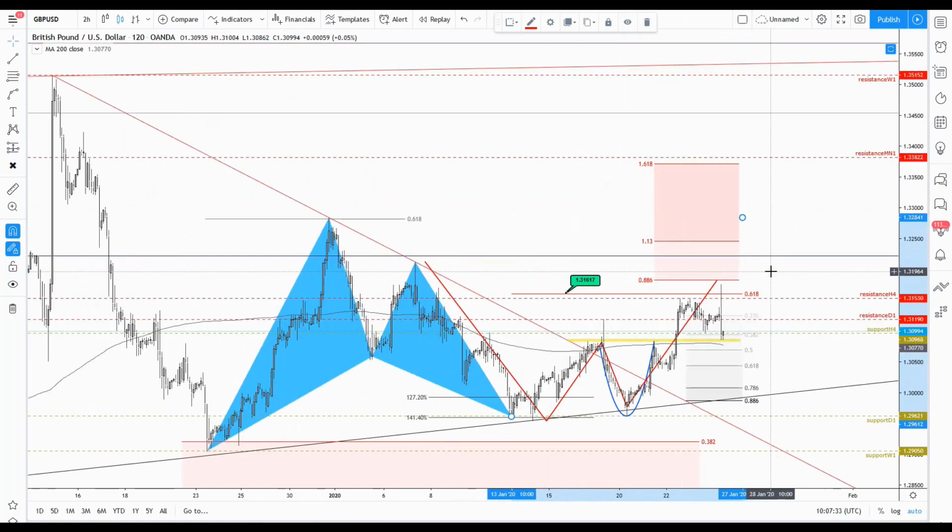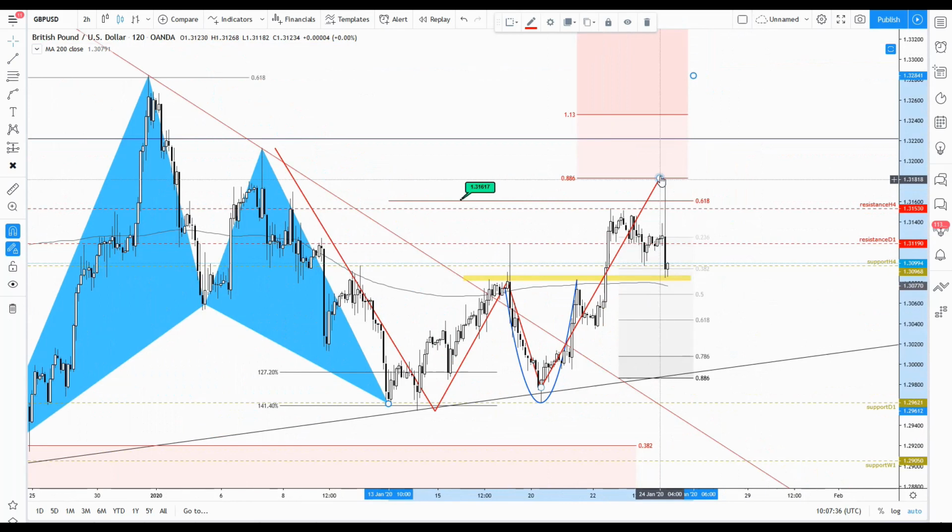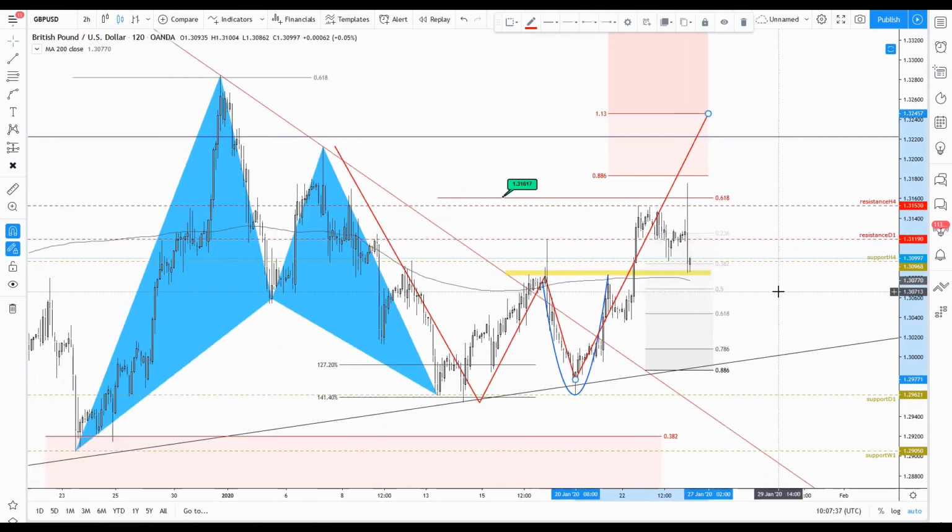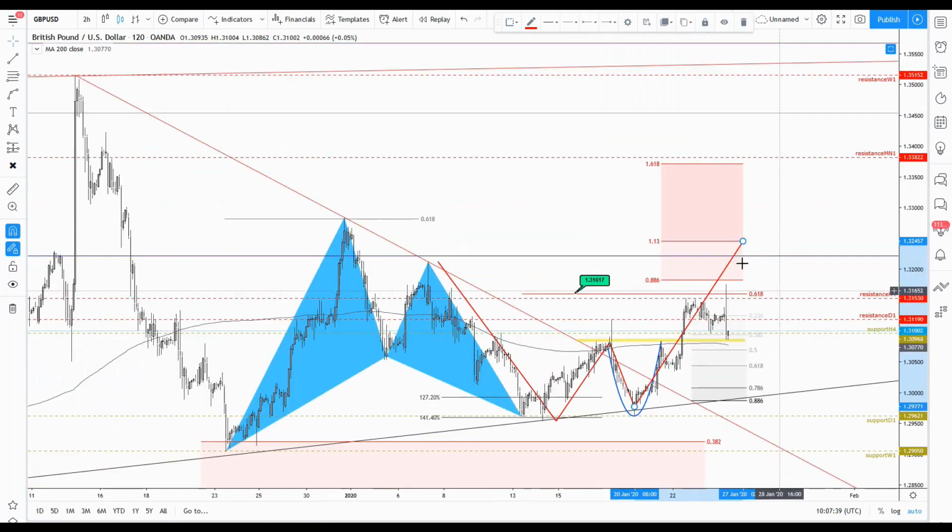That's what we have. So I will not ignore trading higher for the cable, or even the 169 extension, which would put the price trading very close to the monthly resistance there.